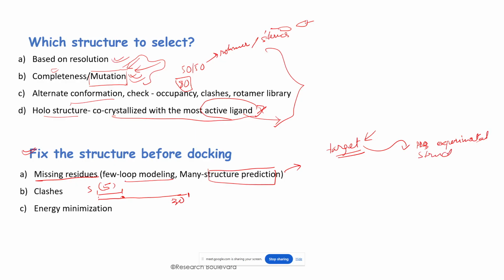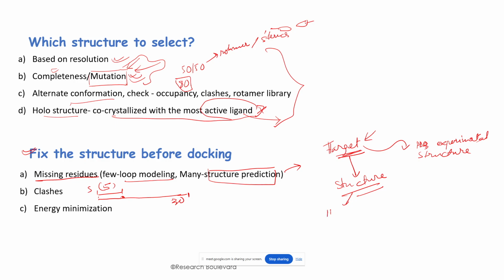Okay, you are not able to find the experimentally determined structure of your target protein. So in that case, what you can do is predict the structure, right? You can do it by different methods.